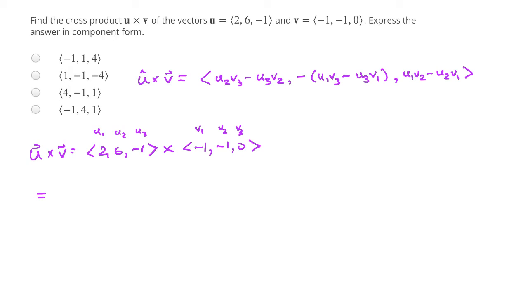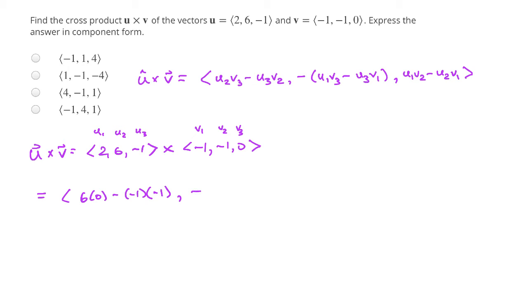So we've got 6 times 0 minus u3 v2, which gives us -1 times -1.